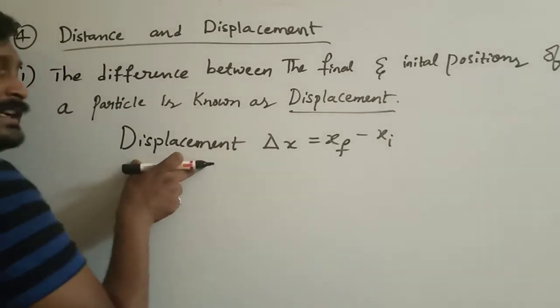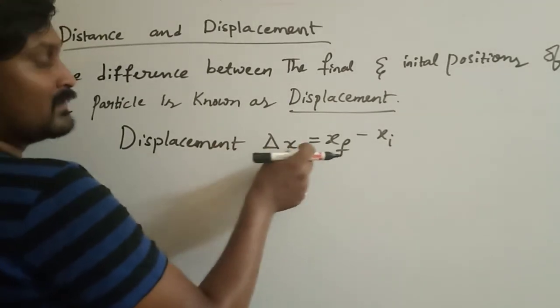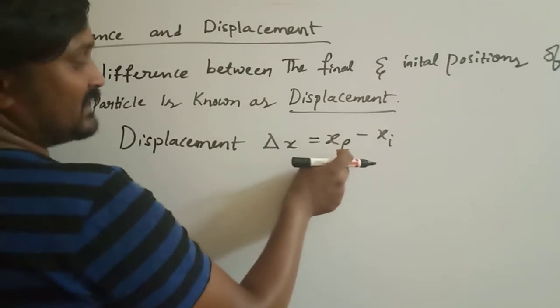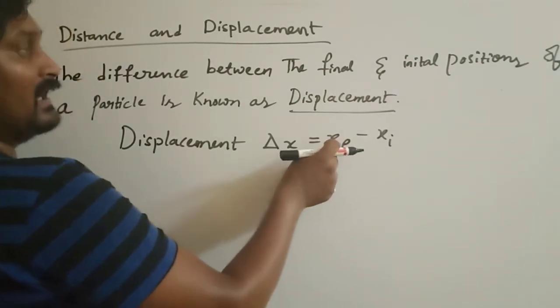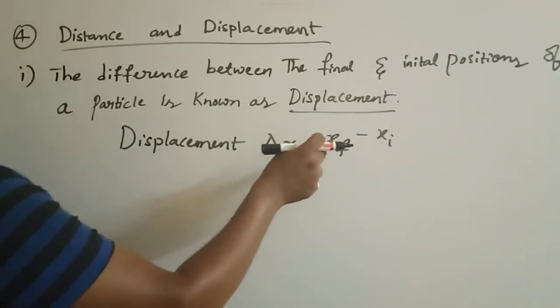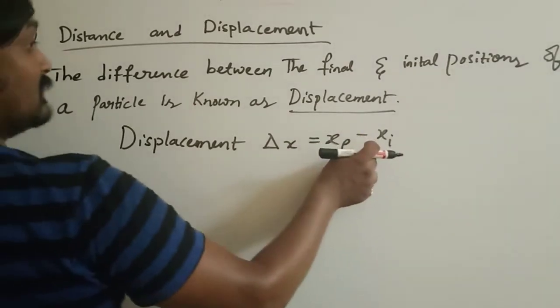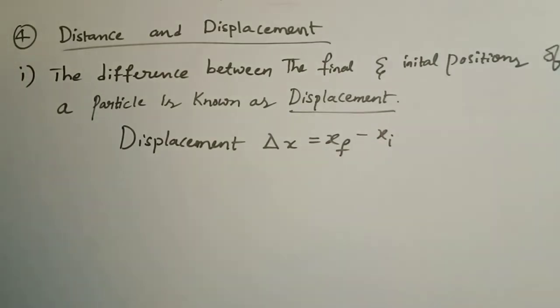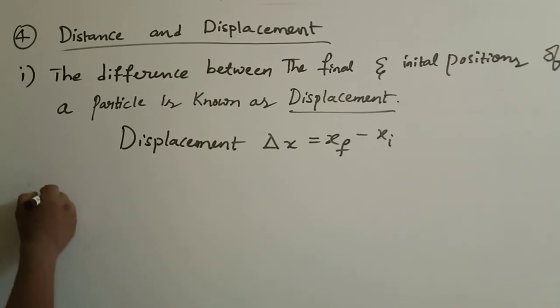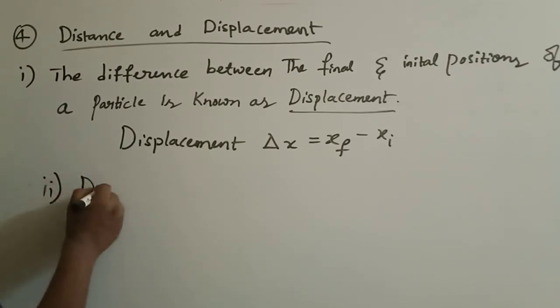So displacement, delta x, is equal to xf, the final position, minus xi, the initial position. That is about displacement.